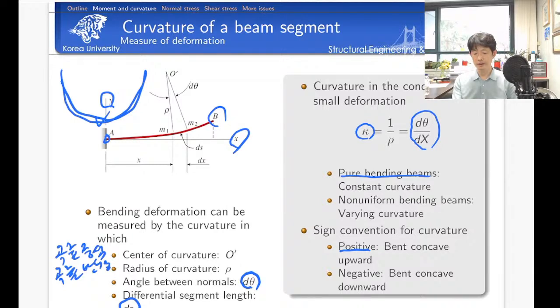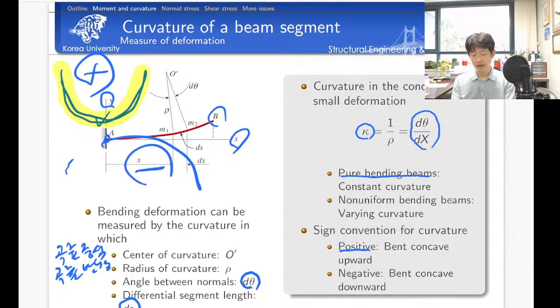If it follows this curvature, we call this positive curvature. If it bends concave downward, like this, then we call this negative curvature. Is it clear?